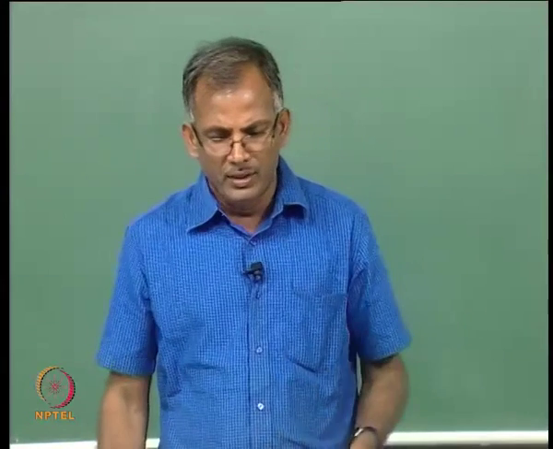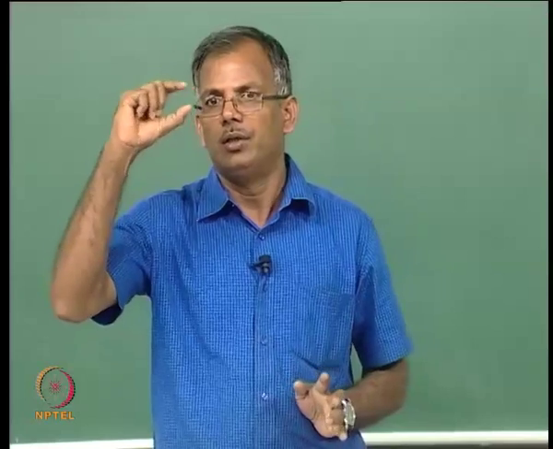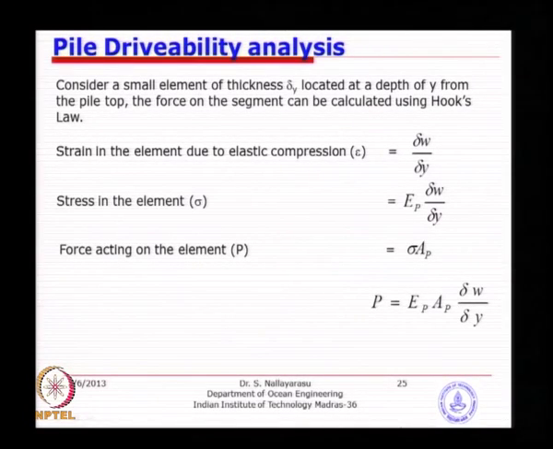So, you can derive a simple equation for the force in that element, which is E times A times the strain, which is delta W by delta Y. Delta Y is your thickness. This is basically the force arising from the static component, which is Hooke's law.